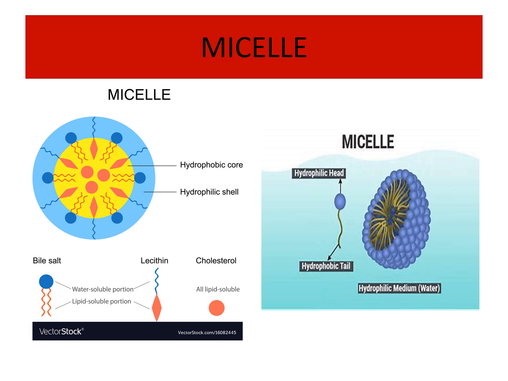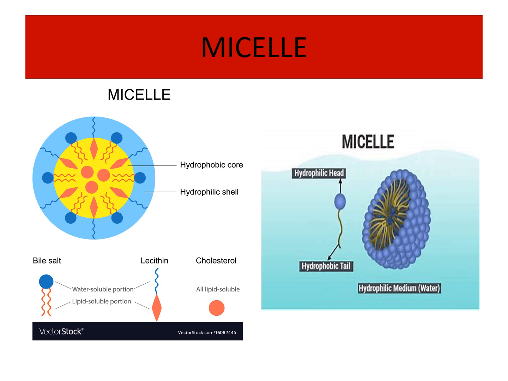So this is the structure of a micelle. The micelle has the bile salt, then lecithin and cholesterol. See here in this figure, we have one hydrophobic core and a hydrophilic shell. The inner portion is the hydrophobic core, the outer portion is the hydrophilic shell, right?